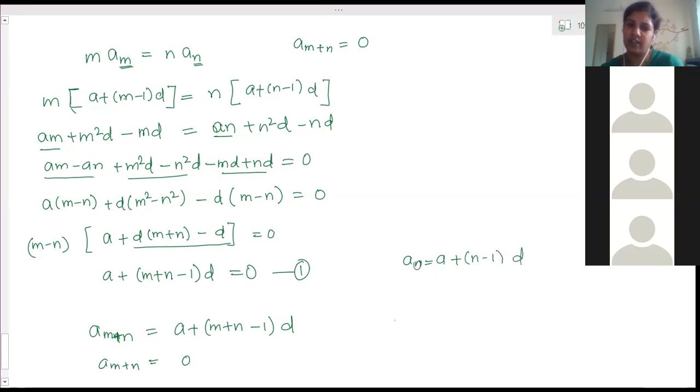Now in place of n, if I write the m plus nth position, how will I represent this? In place of n, I have written m plus nth position that I need to calculate. Yes, ma'am. A plus m plus n minus 1, sorry, m plus n minus 1 into d. Yes, that is only what I have written. Oh, understood, ma'am. Thank you.